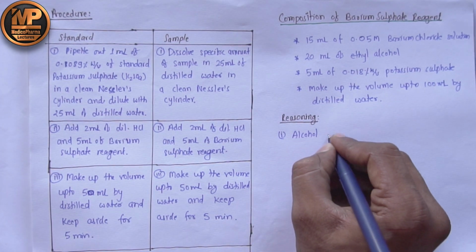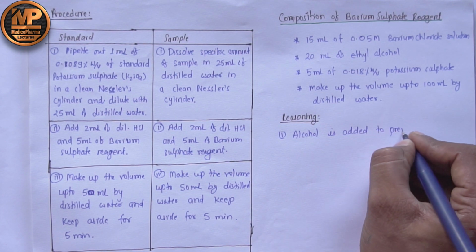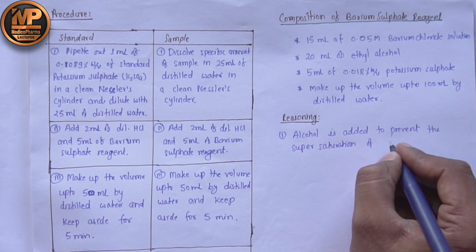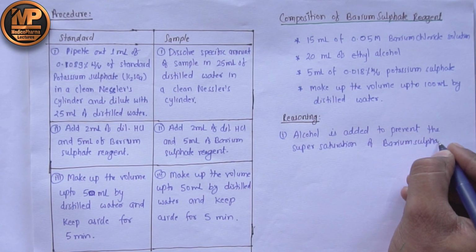Okay. So alcohol is added to prevent the supersaturation of barium sulfate precipitate. Okay.